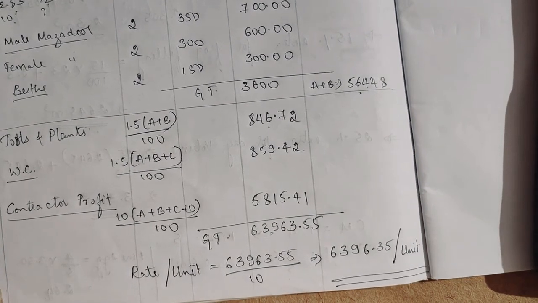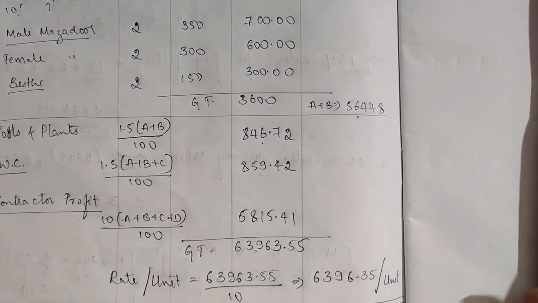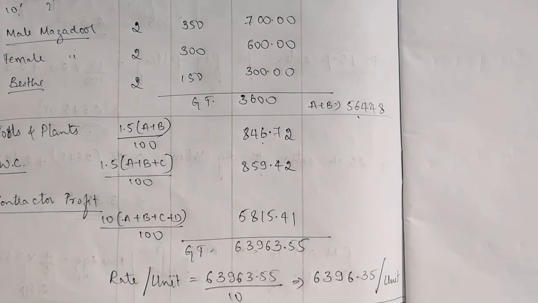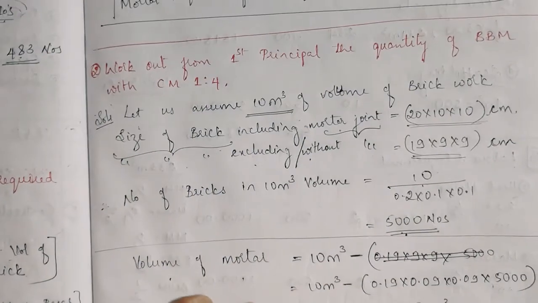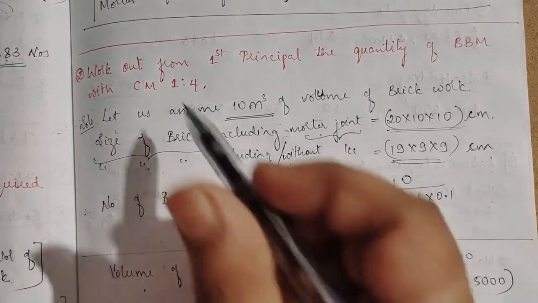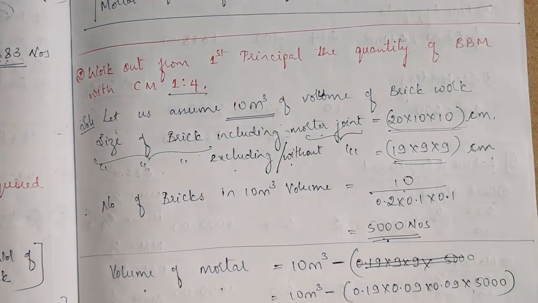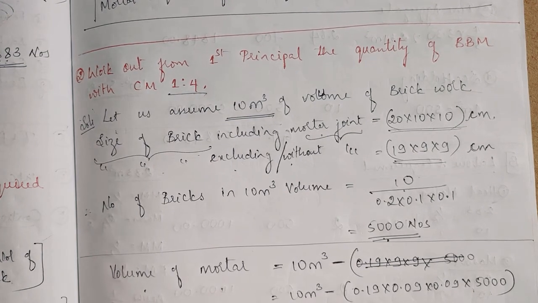So this is the solution. So 639.6 per unit will be the rate per unit for the burnt brick masonry work with the cement mortar ratio 1:4. This is how we do the rate analysis for burnt brick masonry with cement mortar with a ratio.